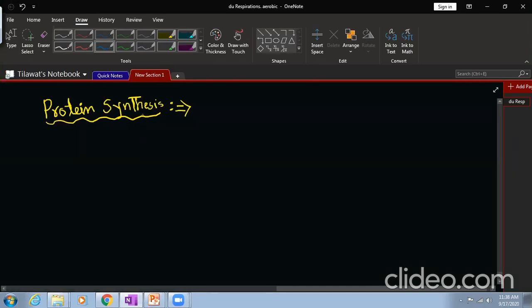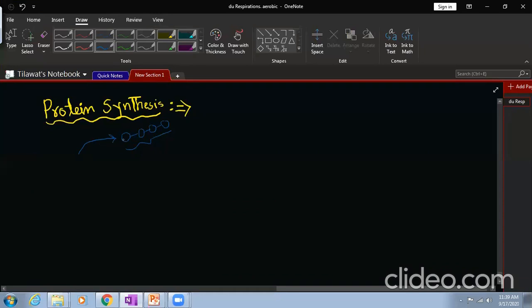Protein synthesis is actually the conversion of the DNA code into a sequence of amino acids. In a protein there are amino acids. Let's suppose this is amino acid 1, this is 2, this is 3. Each protein has a specific order of these amino acids. This order is coded by whom? It is coded by DNA.